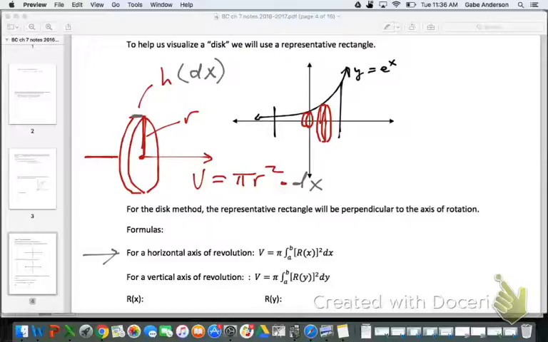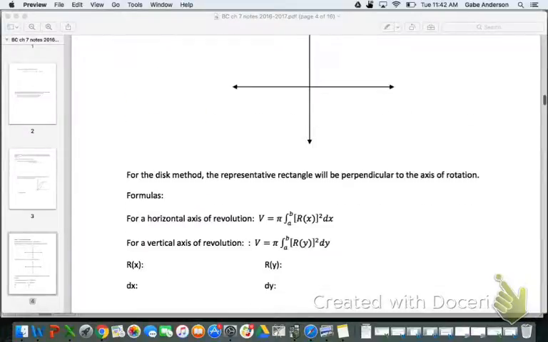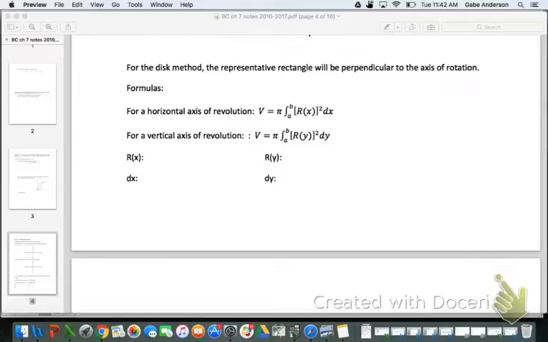Let's talk about what the different pieces of that are as far as the r of x and the r of y. And then we'll try a few examples. We'll get back into the Play-Doh, and hopefully we'll get really good at this. So as far as the pieces of the formula, r of x is going to be the radius in terms of x. r of y is the radius in terms of y.